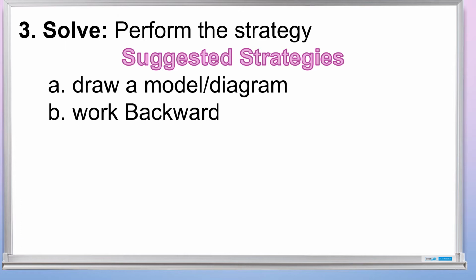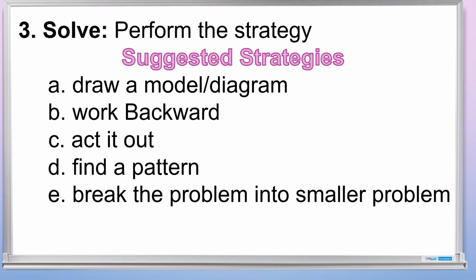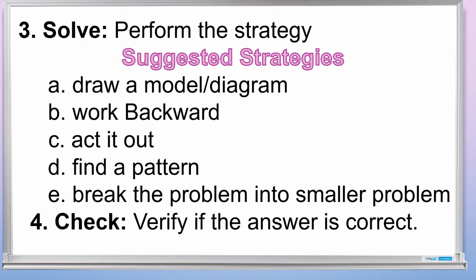B, work backward. C, act it out. D, find the pattern. And E, break the problem into smaller problems. Last step is check. To check means to verify or prove if your answer is correct.